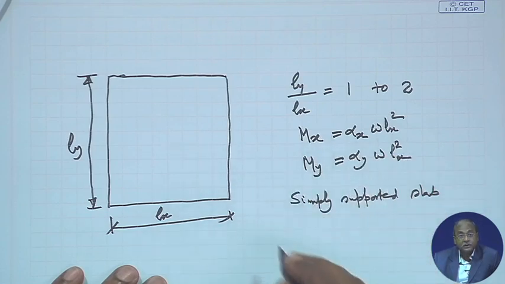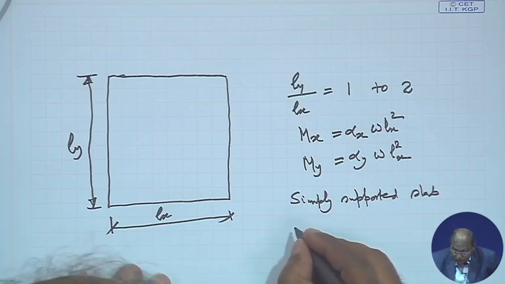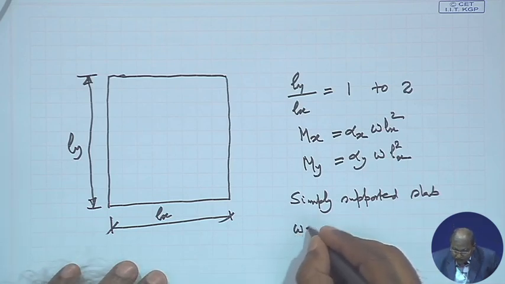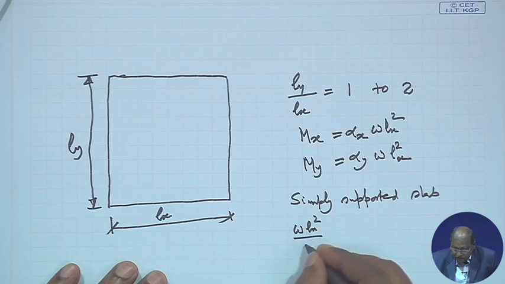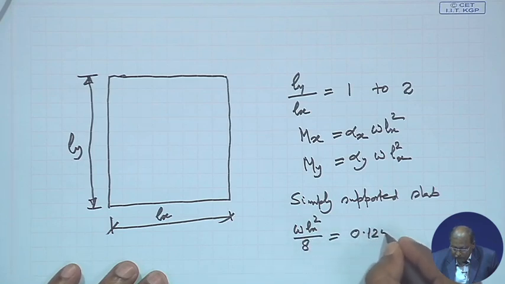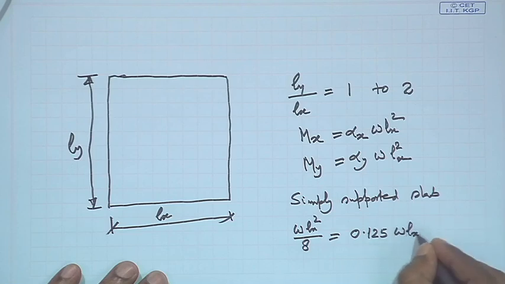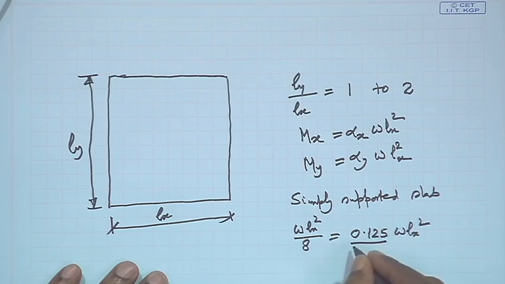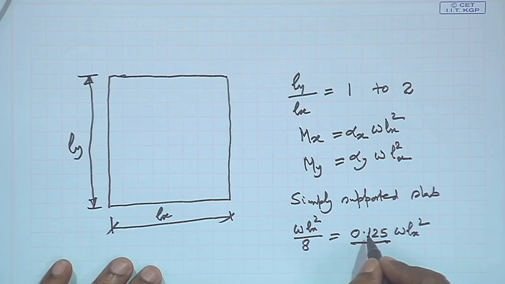And in the simply supported case, a very interesting thing, you will get W L square x by 8, that means 0.125 W L square x. This value 0.125 is the maximum we can get for the simply supported case. You can see the code and find the same value.